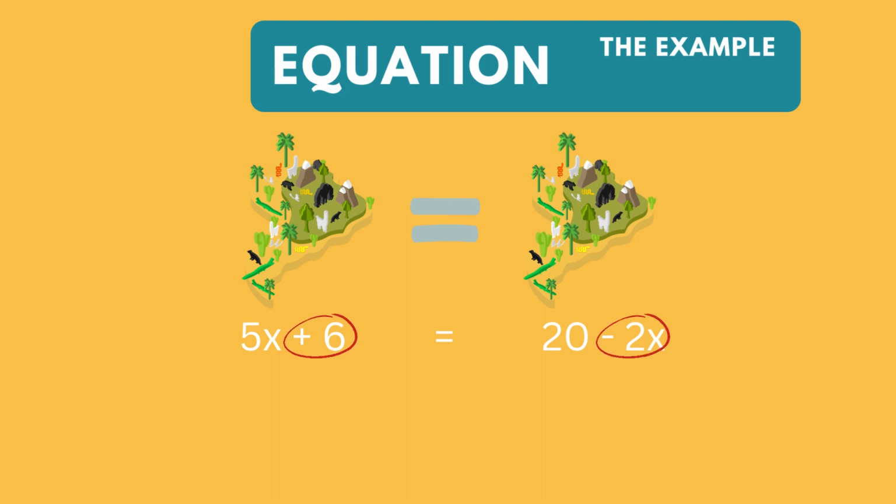The other one, the minus 2x. Remember, the right island should have what as an identification card? Numbers only. And negative 2x has a variable. So that one needs to move to the left island. Look, 5x is already on the left island. Minus 2x needs to go to the left island.